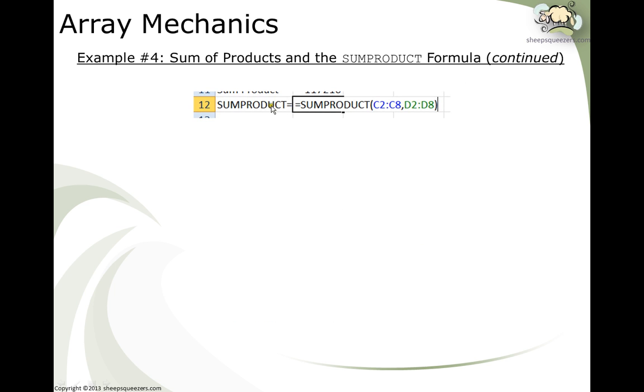And here's what the result would look like. Sum product equals sum product and then the first range, comma, the second range, or the first array and the second array.